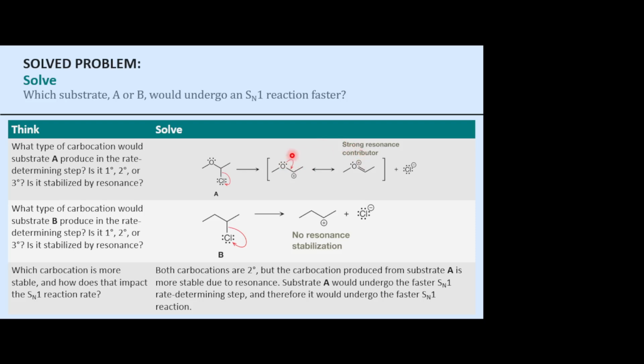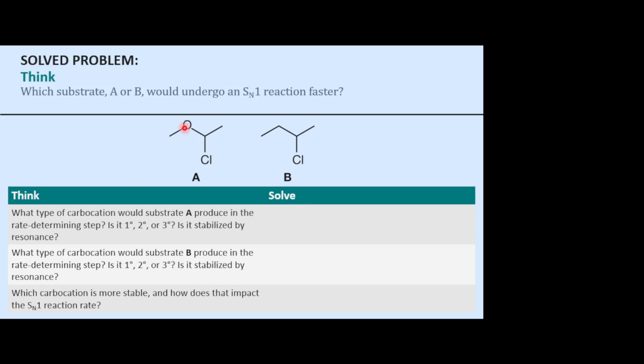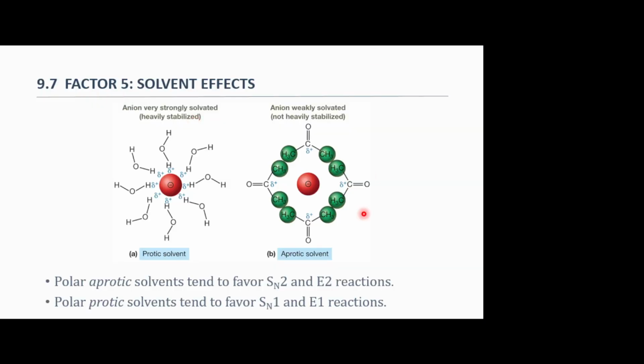Those are delocalized electrons that can be brought into a double bond to give you a resonance structure, so it can share that positive charge a little bit. This one, on the other hand, has no resonance stabilization possible. There's just no delocalized electrons to move around here. They're both secondary carbocations, so there's no difference in that. And so A would end up being the faster one here because it has those lone pairs on the oxygen that can do the resonance structures.